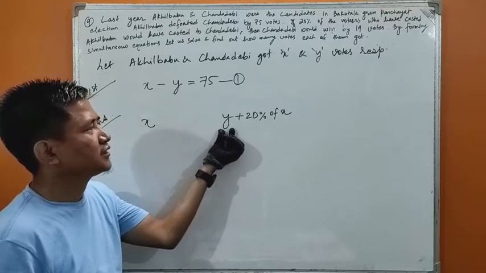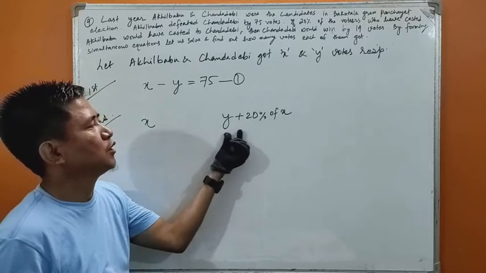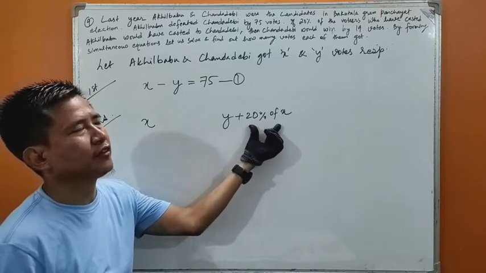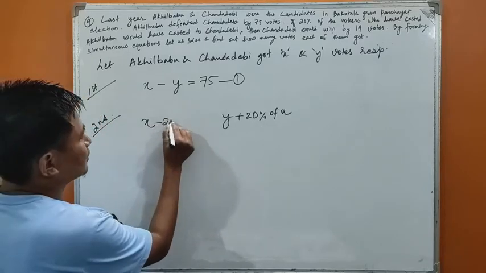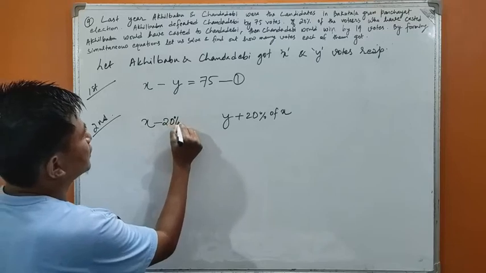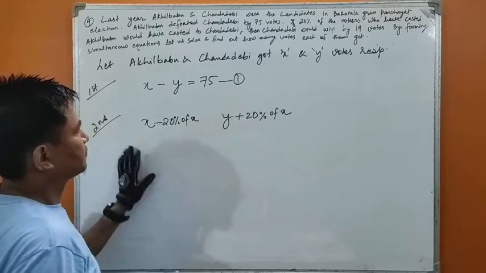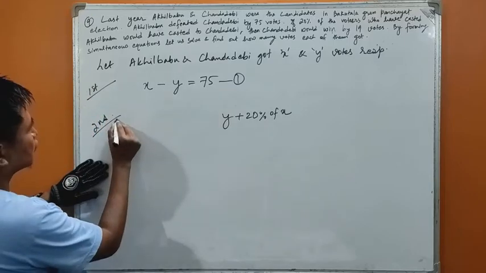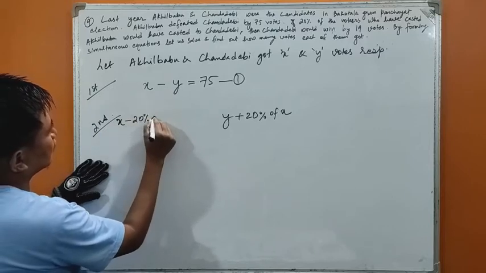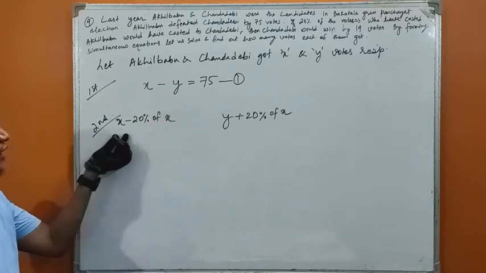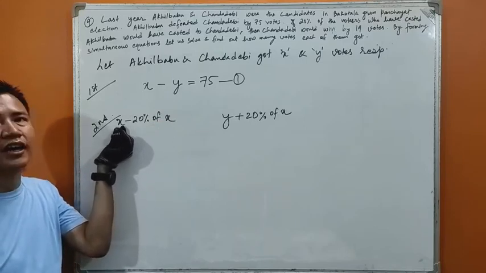But in the second condition, if she would have received 20% of Akhil Babu's vote, that means Y plus 20% of Akhil Babu's vote. In that case, Akhil Babu would lose 20% of his own vote of X, isn't it? Let me write here, okay? X minus 20% of X. X is the number of votes received by Akhil Babu.